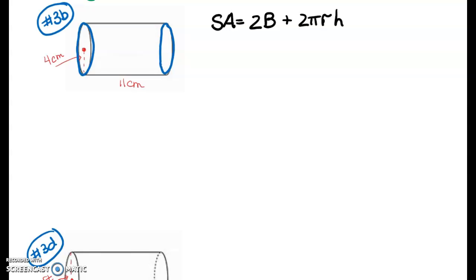So the formula to find the area of a base is pi r squared, because that's the formula for a circle. And I know my radius is 4 in this case. And be careful, make sure that you do have the radius and not the diameter. So I have 16 pi, and that's going to be centimeters squared.